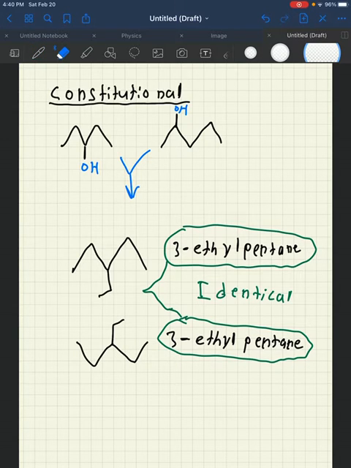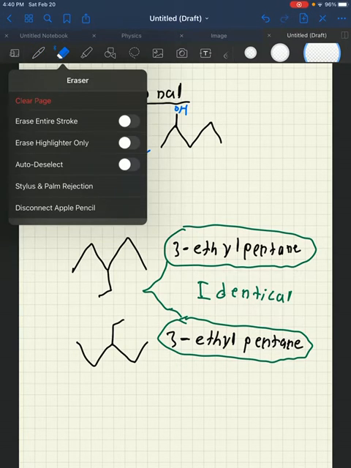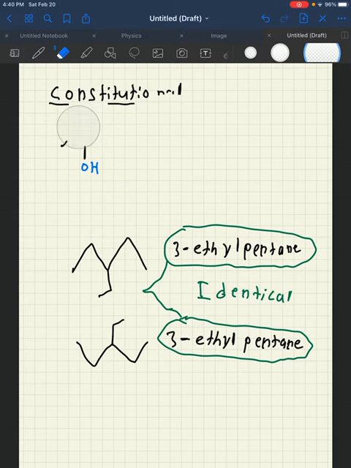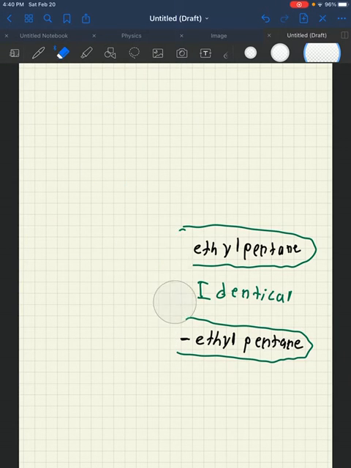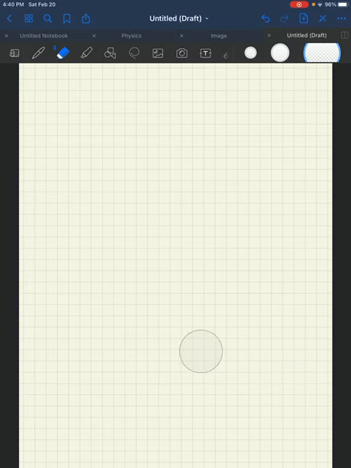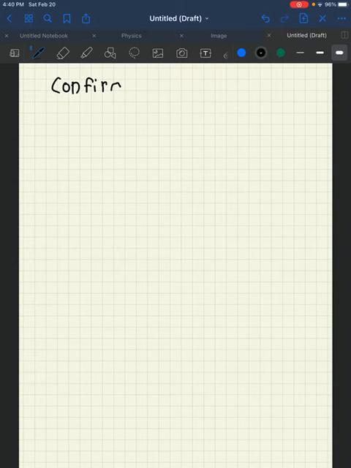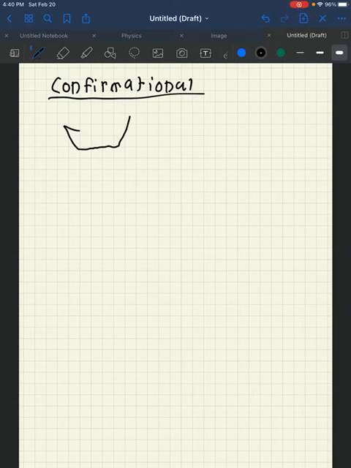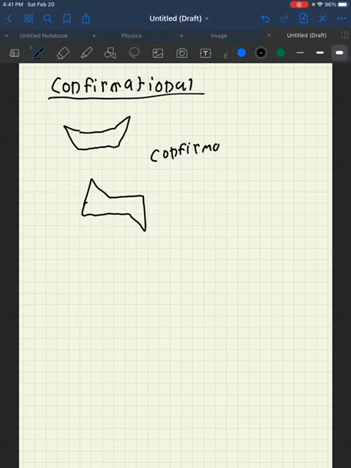So moving on to the next type of isomer. The next type of isomer we might be dealing with is something called a conformational isomer. We're not going to get too much into that in this chapter, but do know that a boat structure and a chair are actually considered conformational isomers.